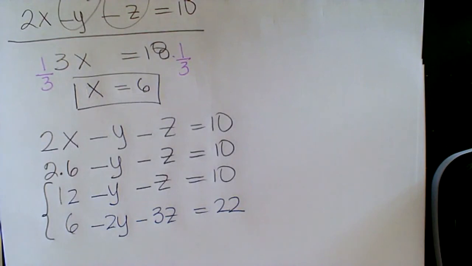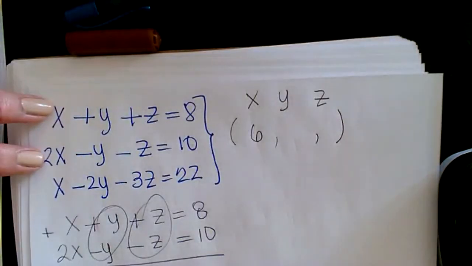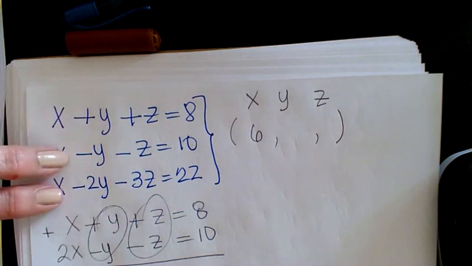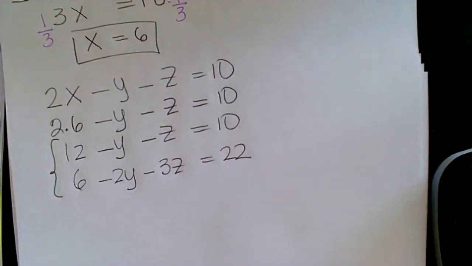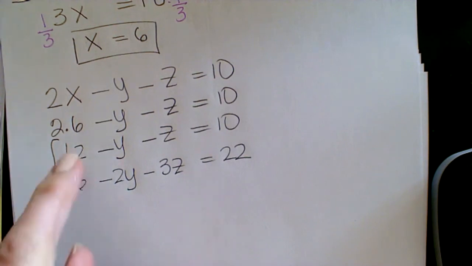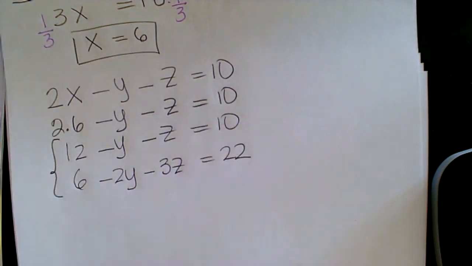Okay, so first I use these two, and then I'm using these two now. What can I do there? In order to eliminate the y, you know what, right here I need to combine like terms.